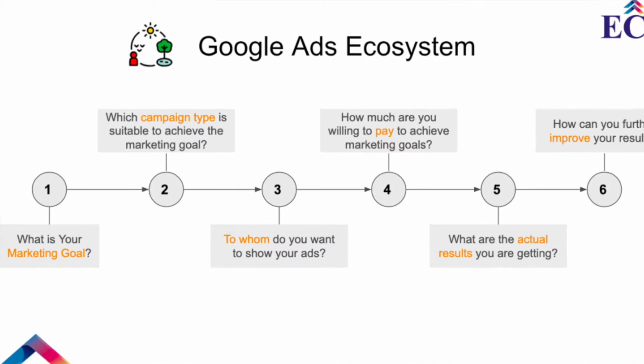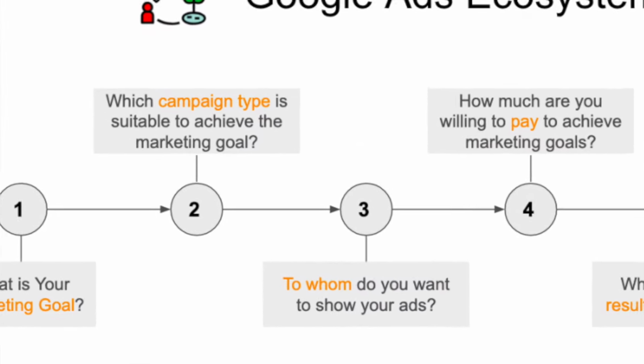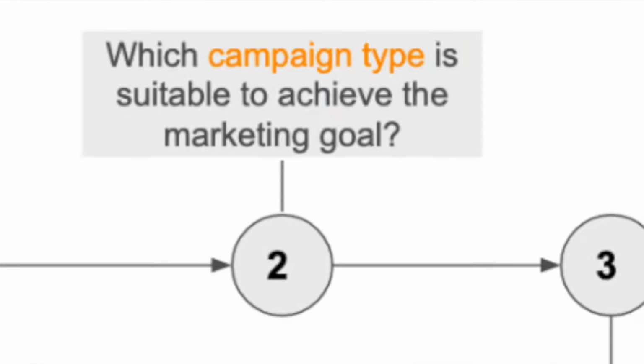The second step is, what are the campaign types that you can use, or which is most suitable to attain this marketing goal? Because there are different campaign types, which we will see in the next slide. Then you have to decide in the second step the most suitable campaign type to achieve the marketing goal that you decided in the first step.